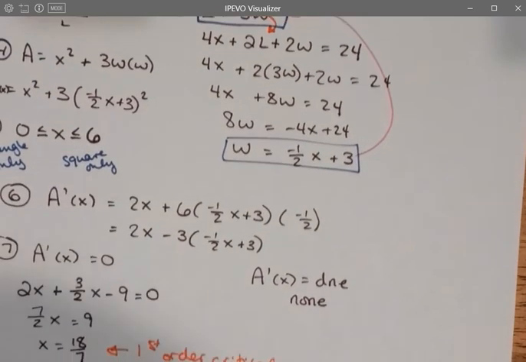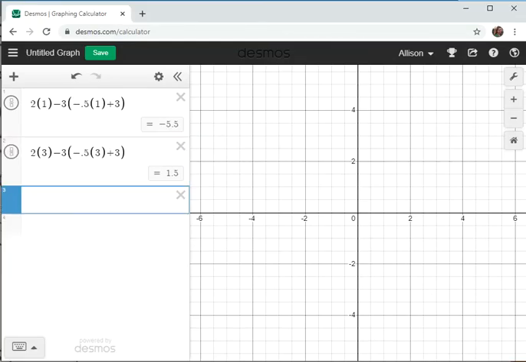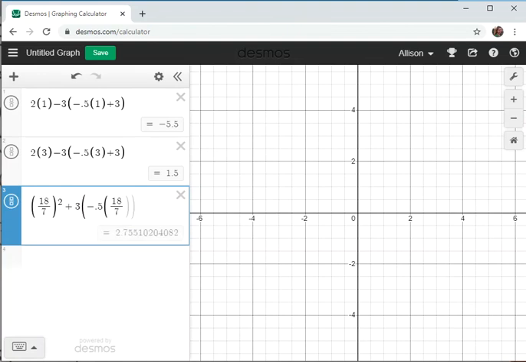If I plug in 18/7, I get 18/7 squared plus 3 times negative a half of 18/7 plus 3 squared.